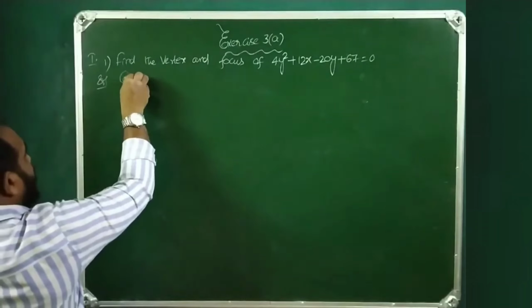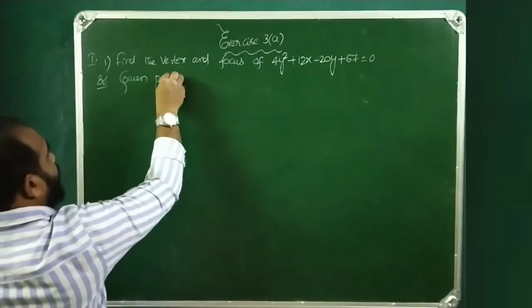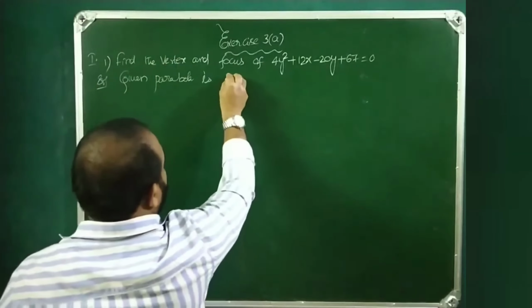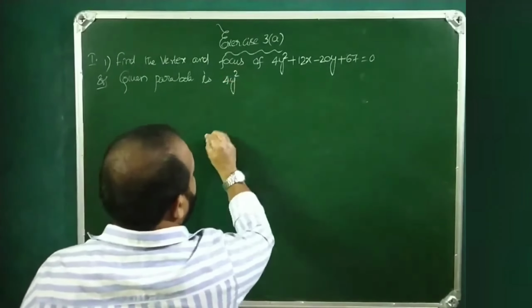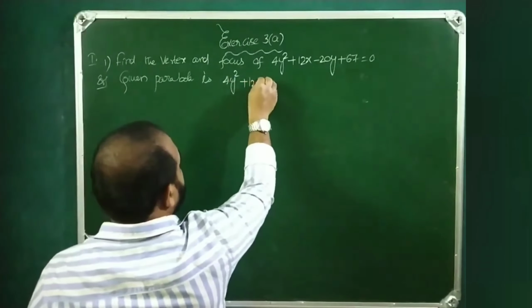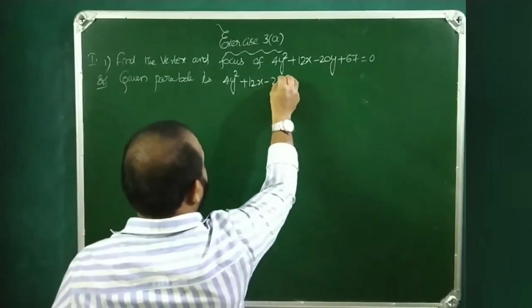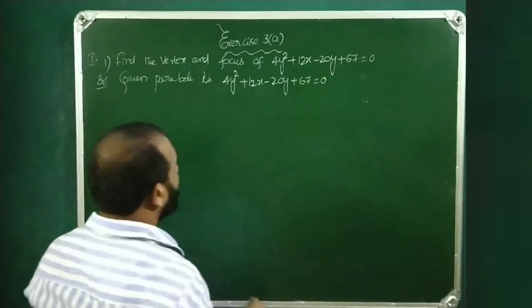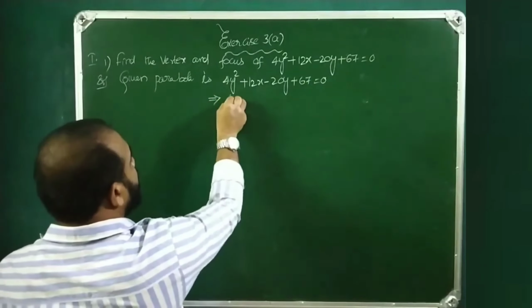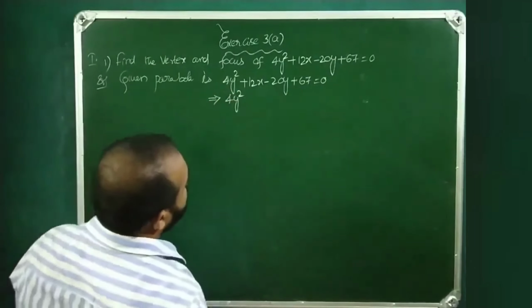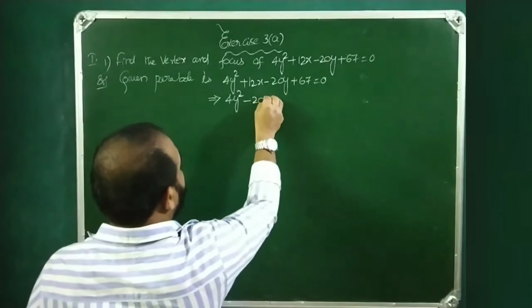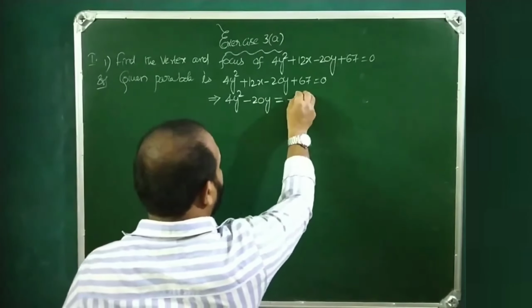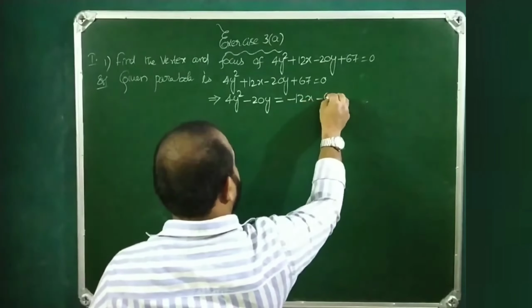So the given parabola is 4y square plus 12x minus 20y plus 67 equals 0. Now, this is 4y square minus 20y equals minus 12x minus 67.